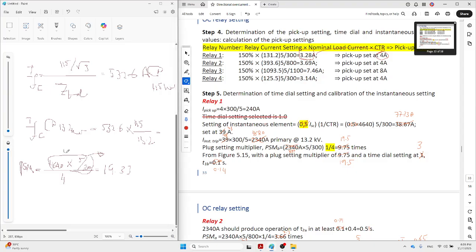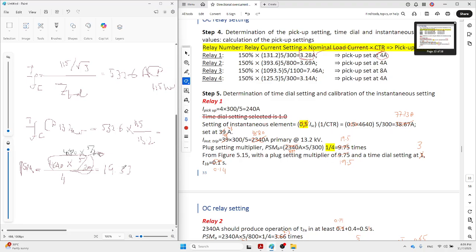Then 4,680 divided by 4, of course, times CTR, which is 5 over 300, or easily you can think about 78 divided by 4, the final value is 19.5.